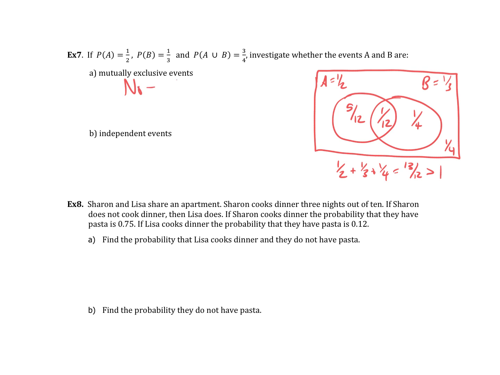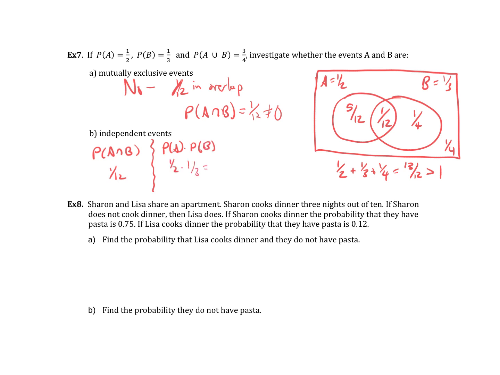No. The probability of A and B is not 0. It's 1/12. Independent events? Well, let's see. The probability of A and B I know to be 1/12. The probability of A times the probability of B turns out to be 1/2 times 1/3, which is 1/6. These are not equal, so no.